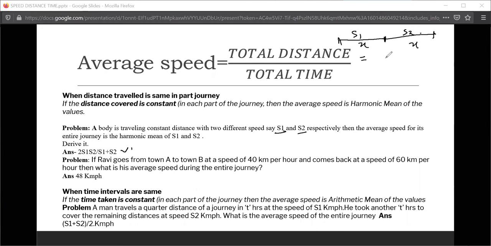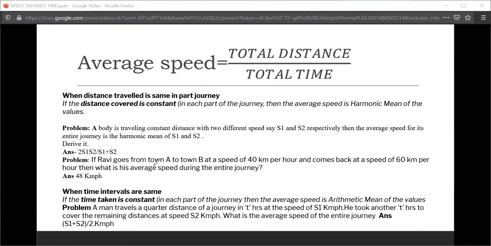So total distance will be 2x, and the time taken will be x by s1 plus x by s2, and that will give you twice s1 s2 by s1 plus s2. So I have given you a proof. I've given you the derivation of this answer.